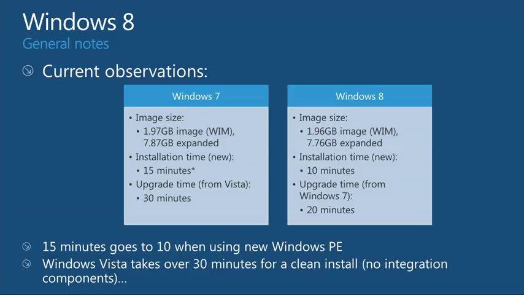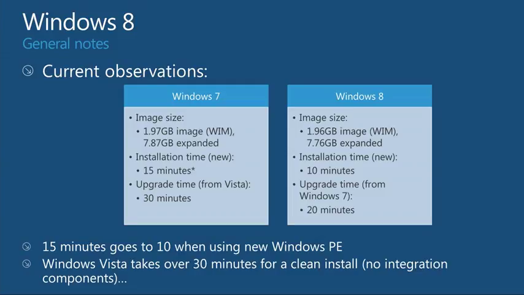So just by switching over from the Windows AIK tools to the Windows ADK tools, we can take a Windows 7 deployment from 15 minutes down to 10 minutes. So we get the same benefits out of Windows 7 deployment just by using the new tools that ship with Windows 8. Even if you're going to continue deploying Windows 7, maybe you're looking at Windows 8 down the road, you may still want to look at moving to the Windows ADK to get some of these performance benefits.